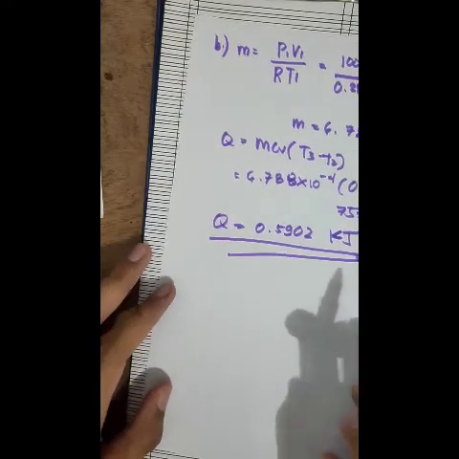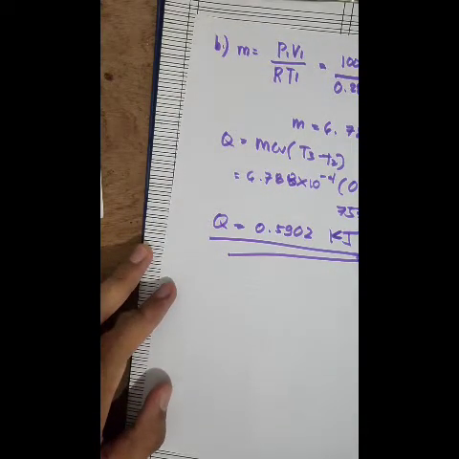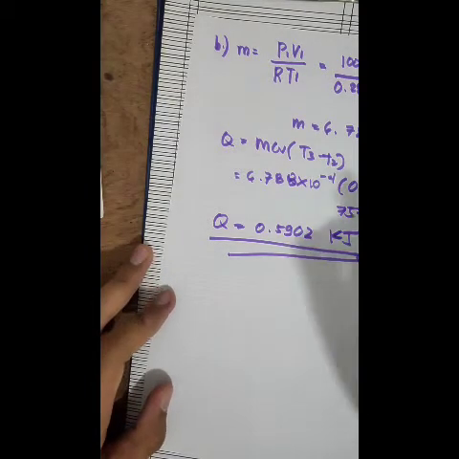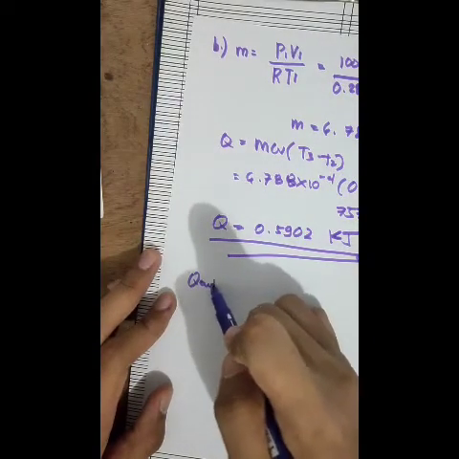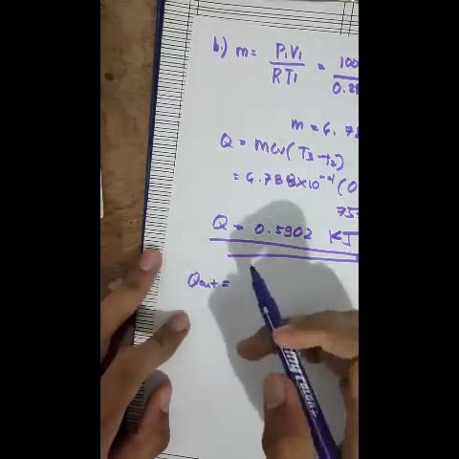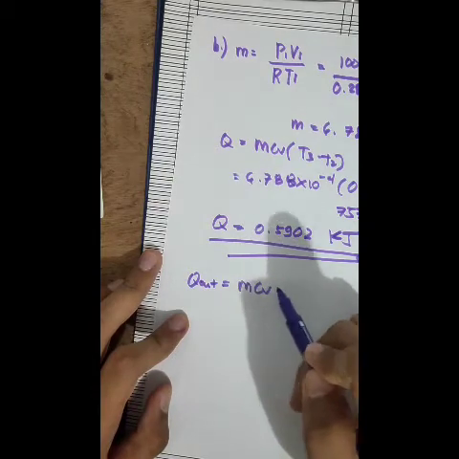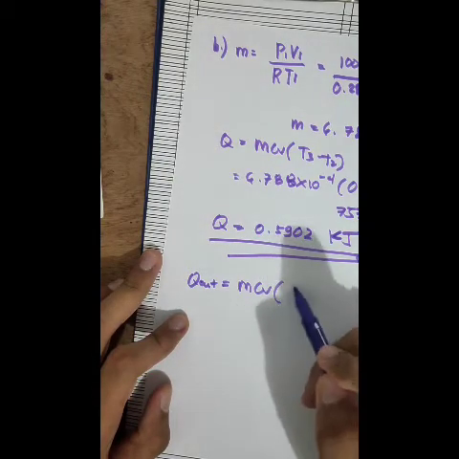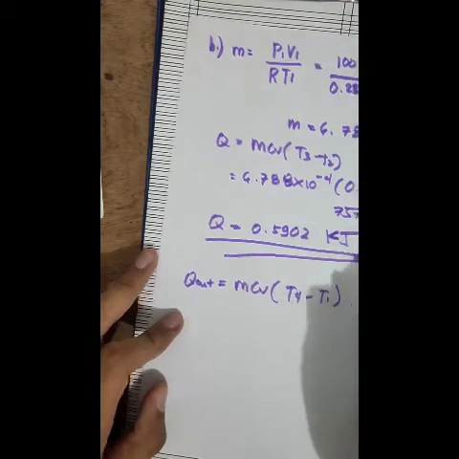So next one is finding the thermal efficiency. So Q out is equal to mCv times T4 minus T1.